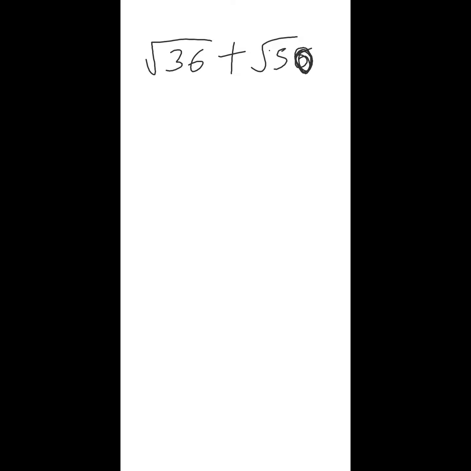Now, root 36 plus root 50, I'm going to be quick with this. No, let me not use root 36. That's a perfect square. Let me use root 8. No, I don't want root 8. Let me use root 32. Even 32 will not work for me.